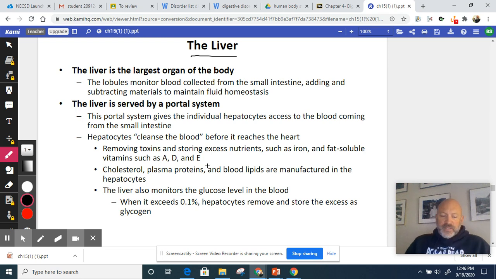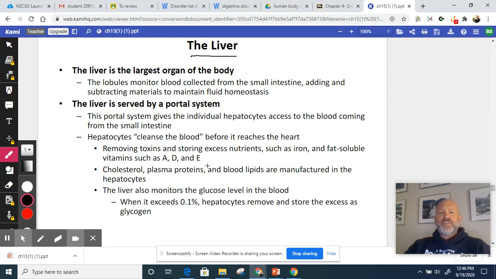We do not want to send this nutrient-rich blood directly into circulation right away. We want to inspect this blood to make sure that it's not filled with any undesirables or toxins. So before we send this blood to the heart, where the heart can send it to all our cells, we send it to the liver first through what's called the hepatic portal system.